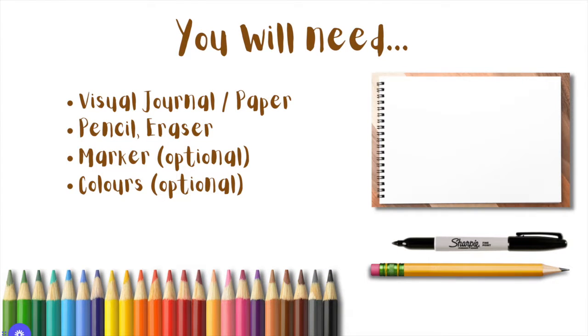All right, you're gonna need your visual journal or a sheet of paper, a pencil and an eraser, and then it's optional if you want to use a Sharpie marker and colors afterwards. I'm gonna be drawing with a Sharpie and with my visual journal so that you can see what I'm drawing, but if you would rather not draw with a Sharpie, that's okay, you can use a pencil.